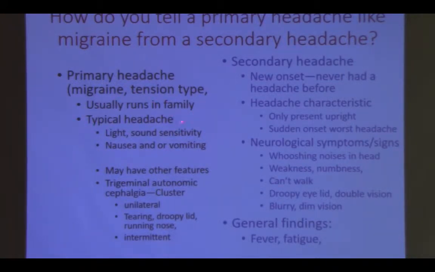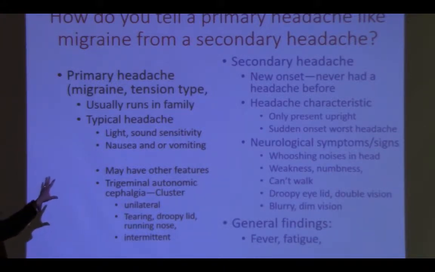They're usually typical headaches. For migraine, it's light and sound sensitivity, nausea and or vomiting. And cluster-like headaches have autonomic features, meaning it's usually unilateral with a droopy eyelid or runny nose or tearing or something like that. Those are typical primary headache disorders.